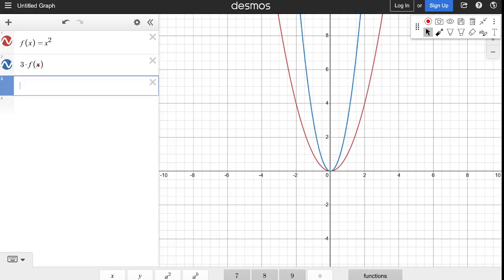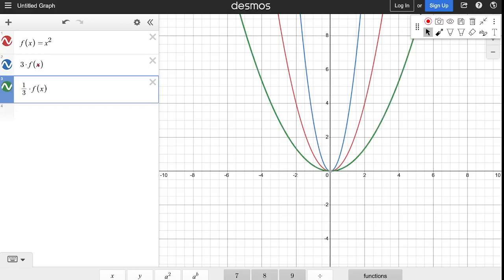And then thinking of if we were to do it by 1/3, 1 divided by 3, and then we multiply that times f of x on the outside, we then see the green representing a horizontal shrinking.